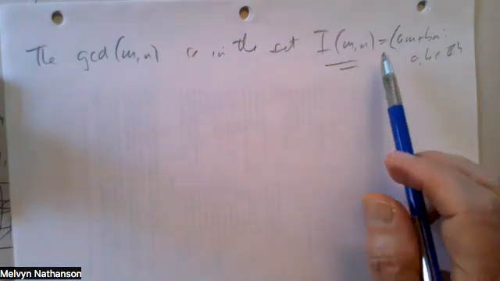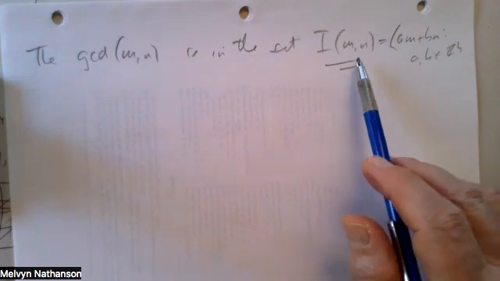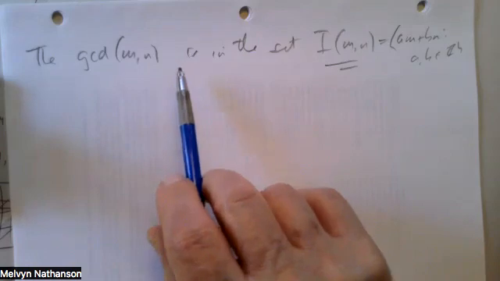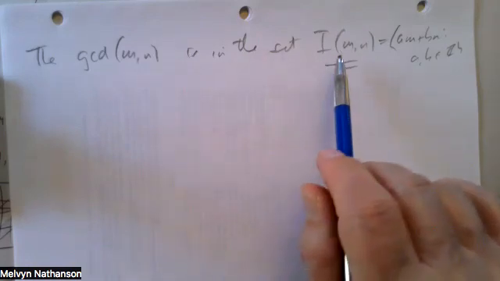And so this is in the set, and it has to be, in fact, the smallest element of the set. Why is it the smallest element?